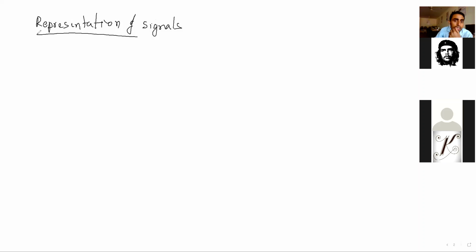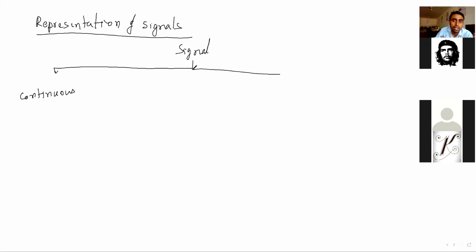First of all, signals are basically of two types. One is the continuous time signal, and another is the discrete time signal.